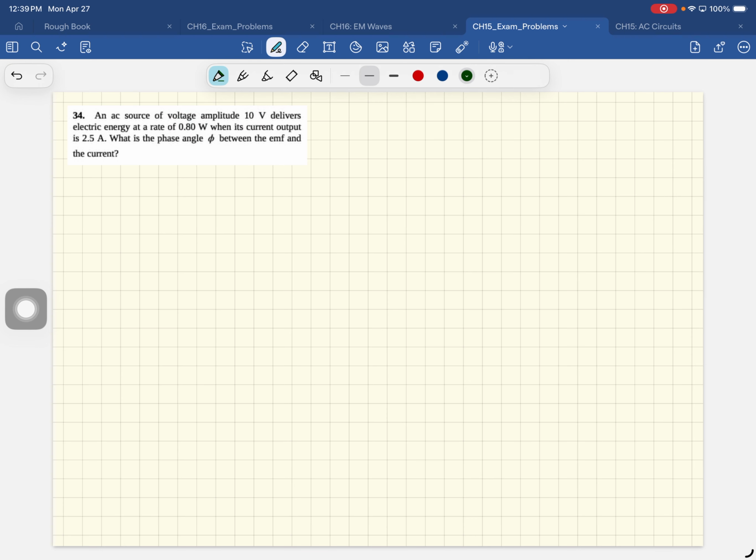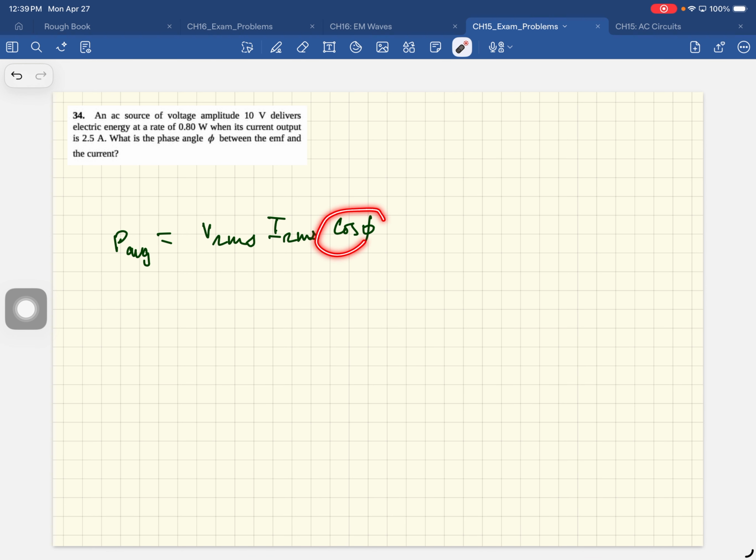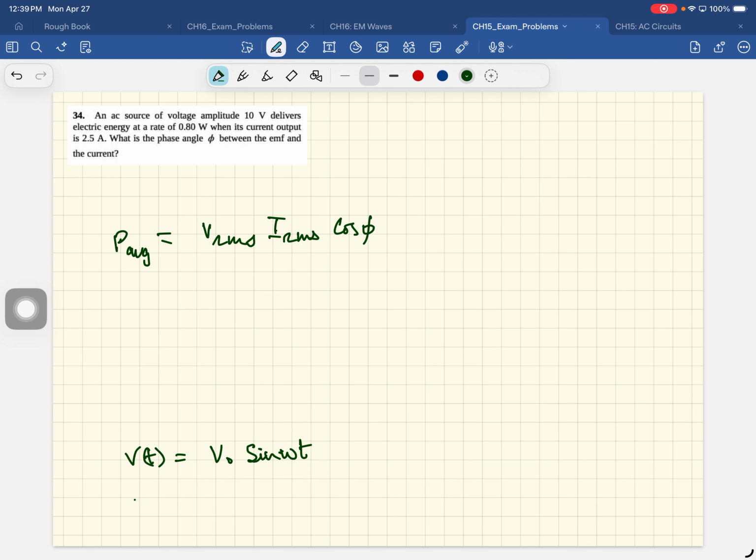So the power delivered, you saw, is Vrms times Irms times cosine phi. This is the power factor, and that's the phase angle between the current and the voltage. Okay, so just to remind you guys, this is where that angle shows up.